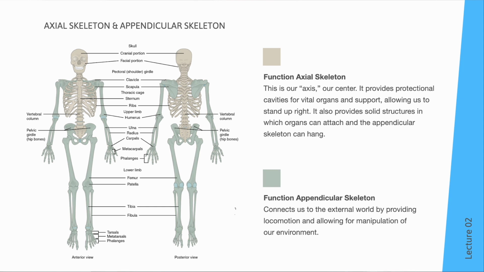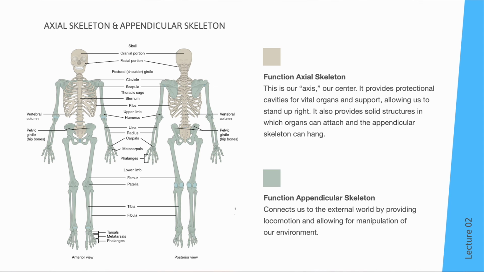So our center, where we have support for the organs and the important organs in the body, and it allows us to stay upright. Our spine is very unique. Meaning the skull and the spine and the ribs and the sacrum are all axial skeleton.